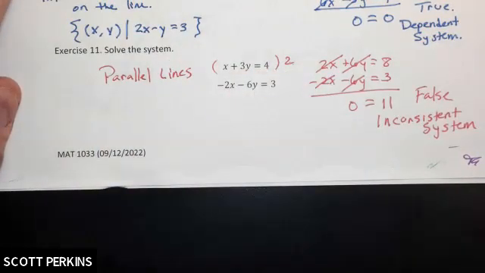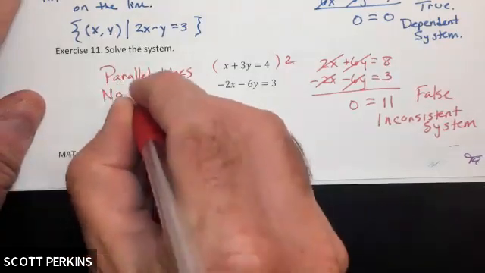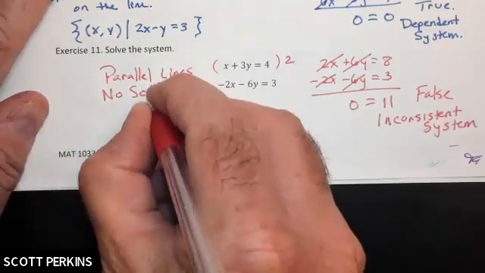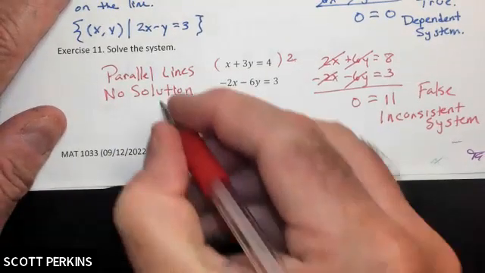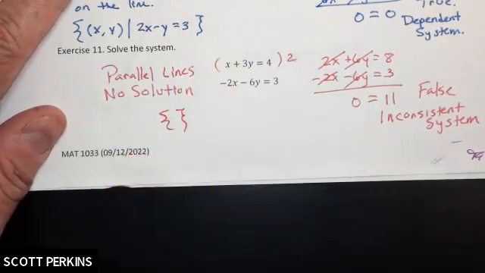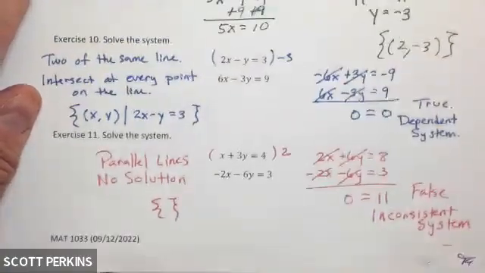Do parallel lines ever intersect? No, that's why you get that false statement, because parallel lines never intersect. So there is no solution to an inconsistent system. And as we've done previously, when there's no solution to something, we write an empty solution set. So I'm going to write my braces with nothing in between. There's my solution set.